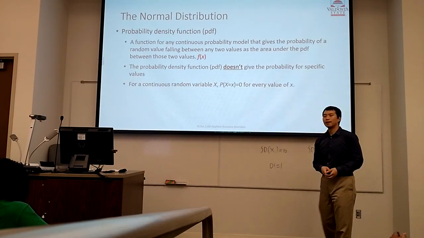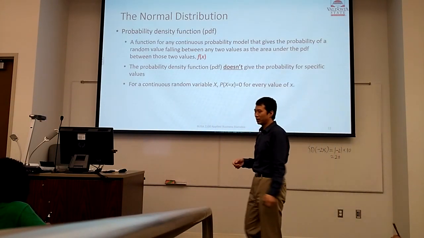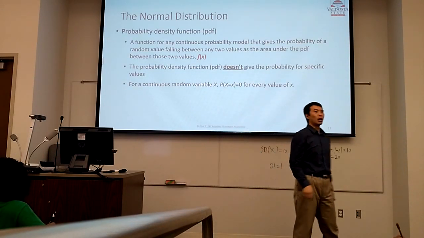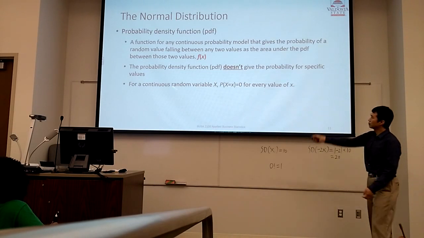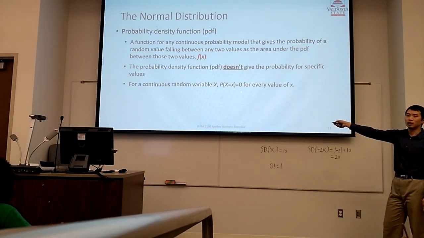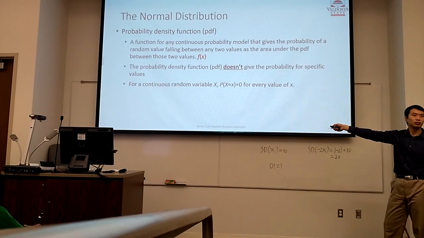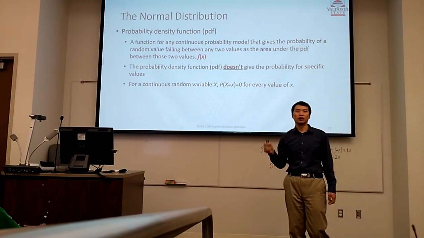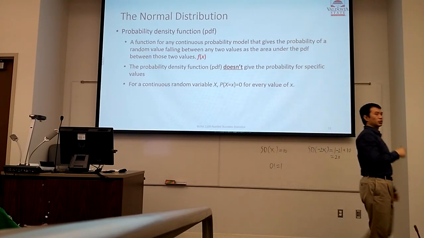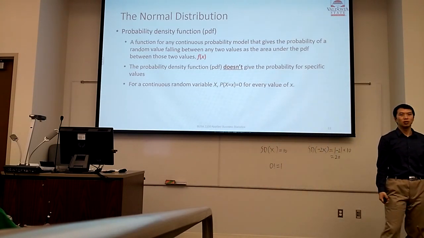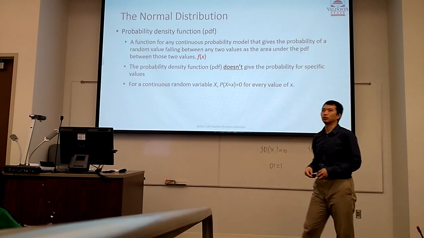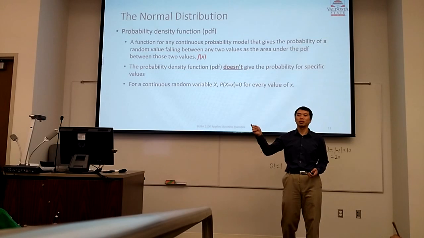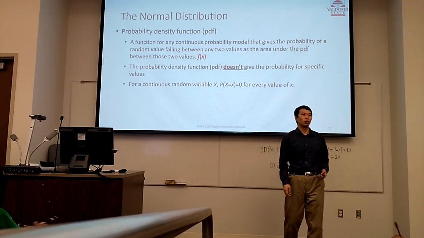If someone asks you, what's the probability that a normal random variable is equal to 1? It's always 0. If I give you a random variable that follows a continuous normal distribution, what's the probability that the random variable is equal to 2? The probability is 0. What's the probability the random variable is equal to 100?